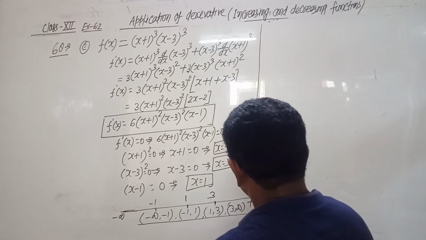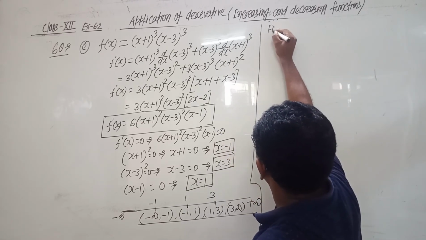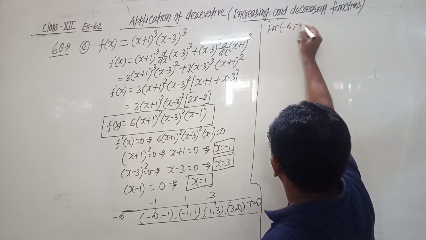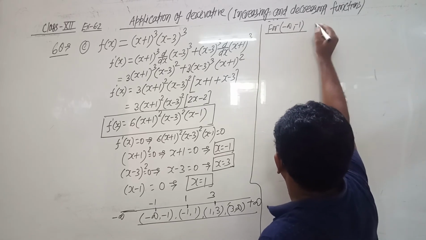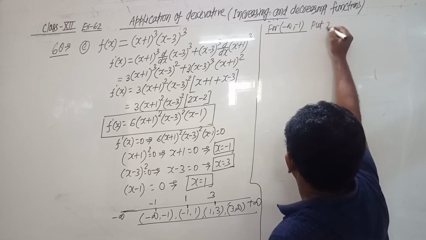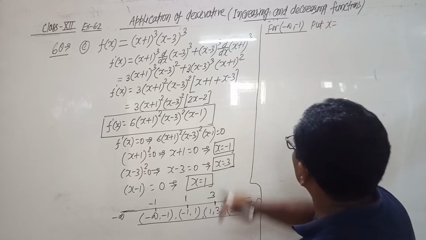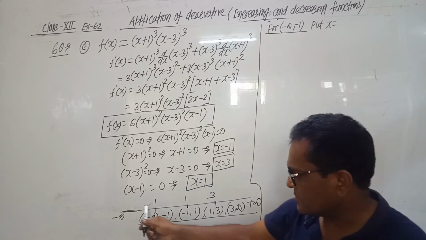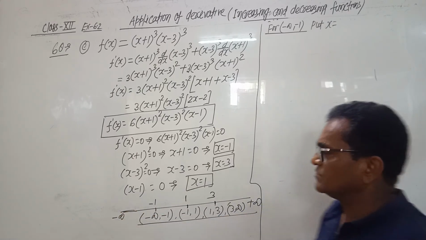Now we discuss one by one. For the first interval, −∞ to −1, we put x equal to a value that lies between −∞ and −1. It may be −2, −3, −4.